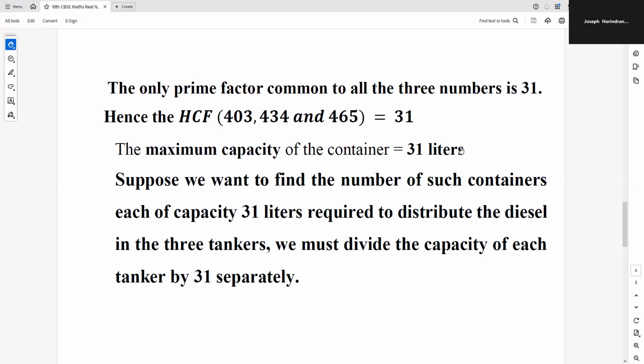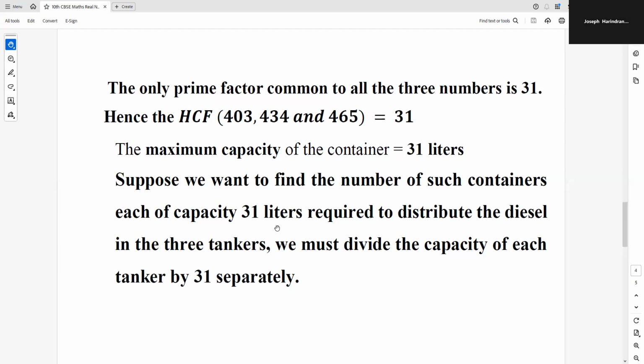Suppose we want to find out the number of such containers of 31 liters each that is required to distribute the diesel in the 3 tankers. How many containers does the 403 liter tanker require?